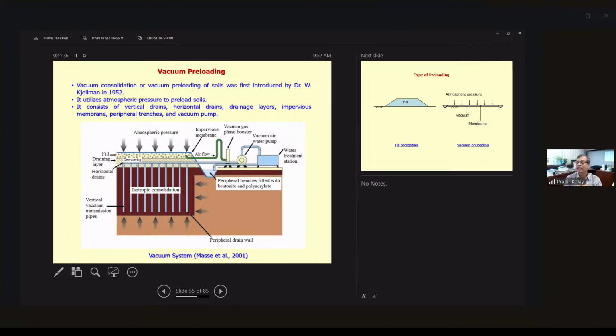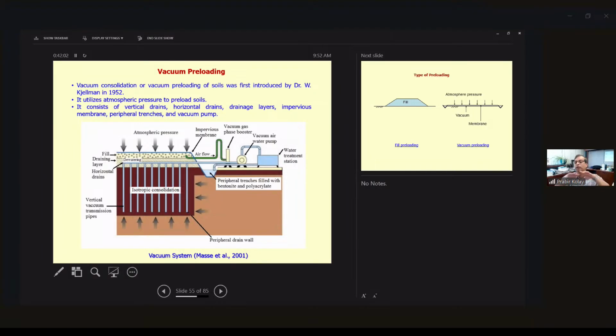So that is the advantage of using this. Okay? And this method was first introduced by Kjellman, the German guy, and he utilizes atmospheric pressure to preload soil. It consists of vertical drain, horizontal drain, drainage layer, impervious membrane, and peripheral trenches, and the vacuum pump.